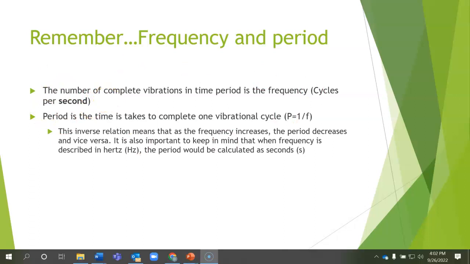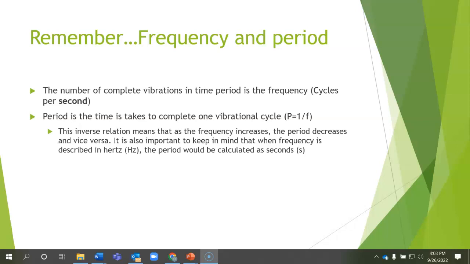But we can also, I think we've discussed this before, use hertz. Okay, so cycles per second and hertz equal the same thing. So the time component in frequency is almost always seconds.